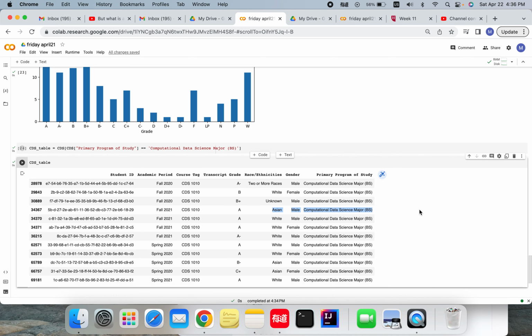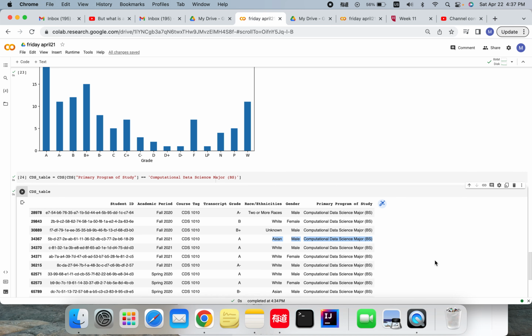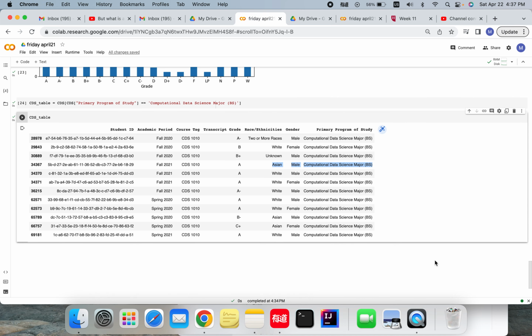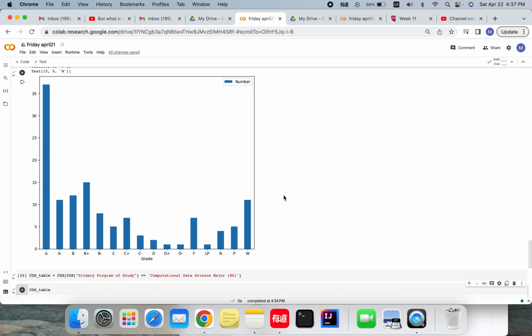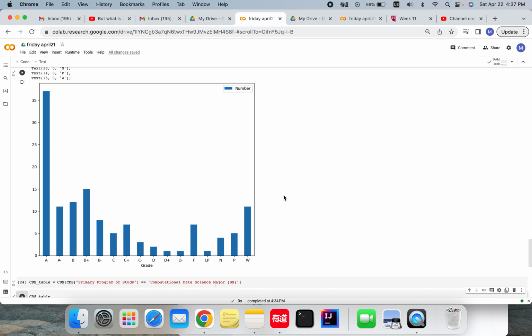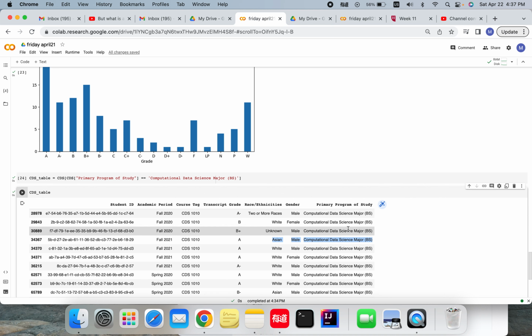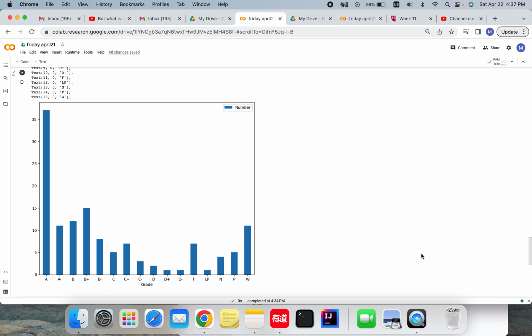So in CDS major, almost everyone got an A, and there's one person who got a C plus. I'm sorry for that, but it is what it is. So it's not really worth comparing this data set with 130. It's not comparable. I guess this data doesn't really represent the population, because the population of CDS majors in Hamlin is extremely small.